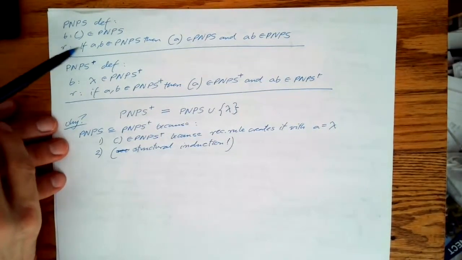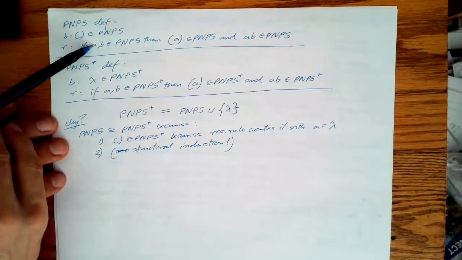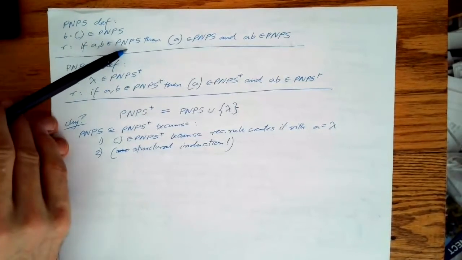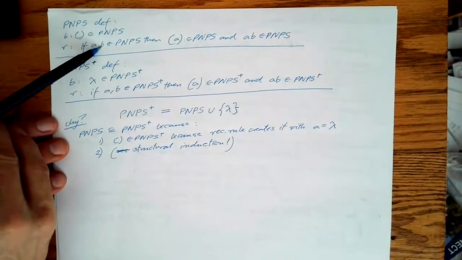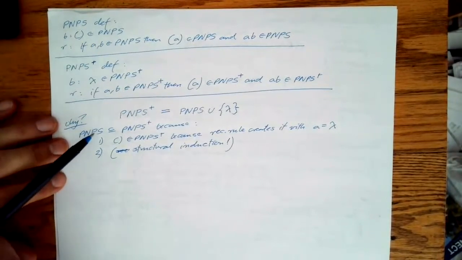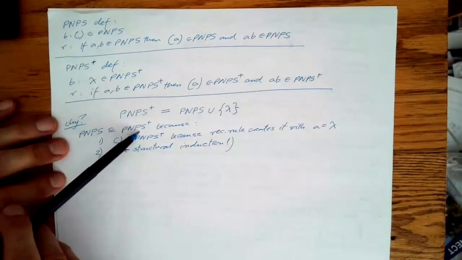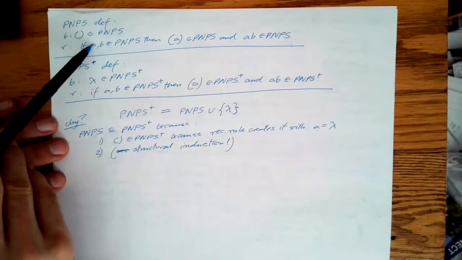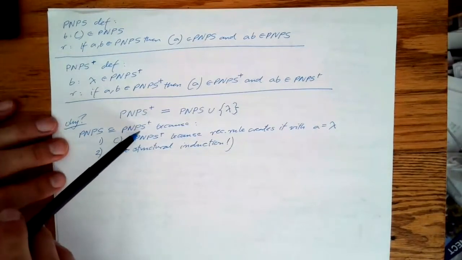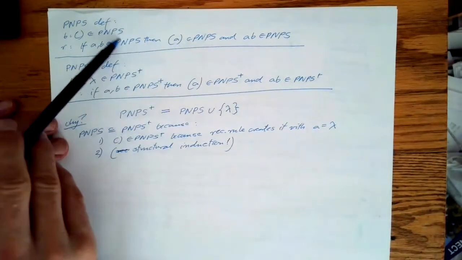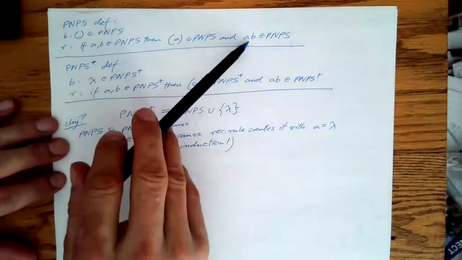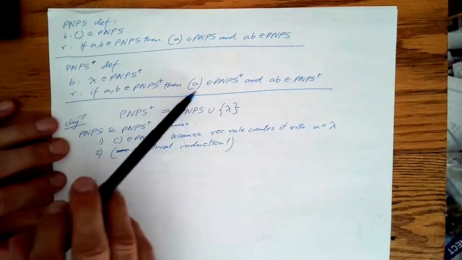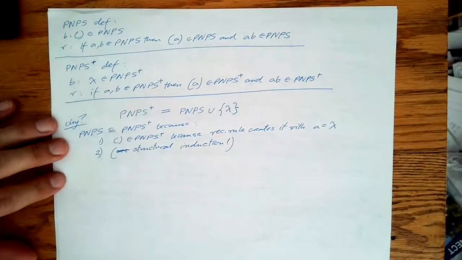N plus 1 applications instantiate A and B from the set, so these must be created using n applications. And by the inductive assumption, they were already in here. So what you're adding is you're using A and B, which were already in PNPS plus, and what you're adding is this and that. Well, they would be in PNPS plus by this rule.